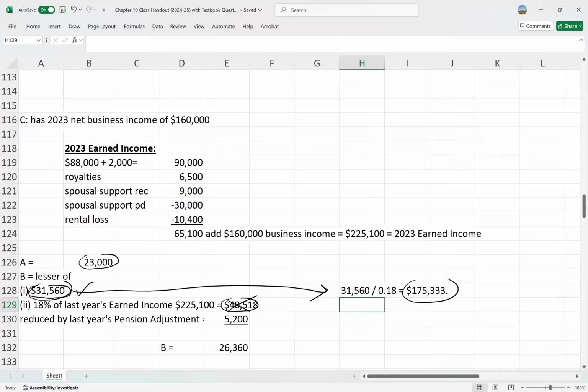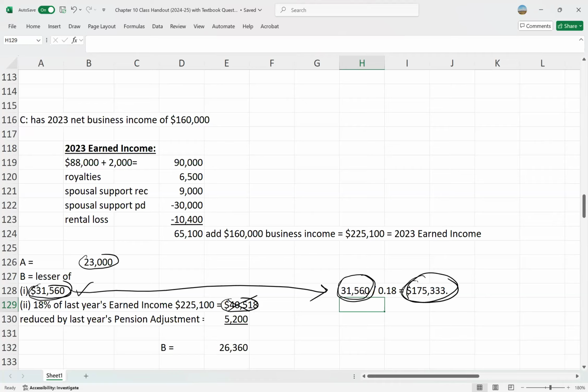They figure out the RRSP limit for the year and divide that by 18%. If they pay themselves this amount of salary, that will maximize their RRSP deduction for that year.